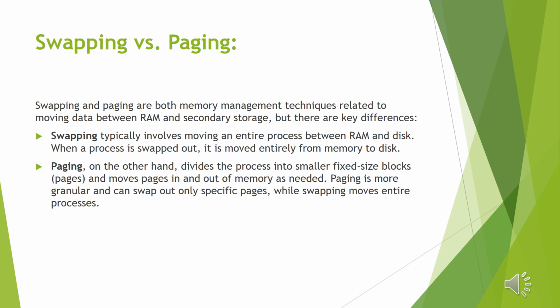When a process is swapped out, it moves entirely from the memory to the disk. Paging, on the other hand, divides the process into smaller fixed blocks and moves the pages out of the memory as needed. Paging is more granular and can swap out only specific pages, while swapping moves the entire process.